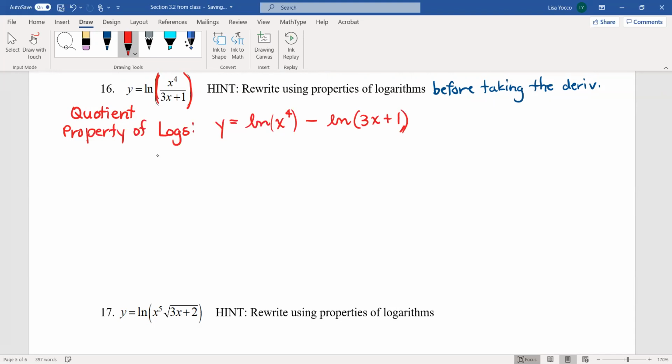All right, that's the quotient property. And then we can even go further. The power property of logarithms lets you do something different with x to the 4th.